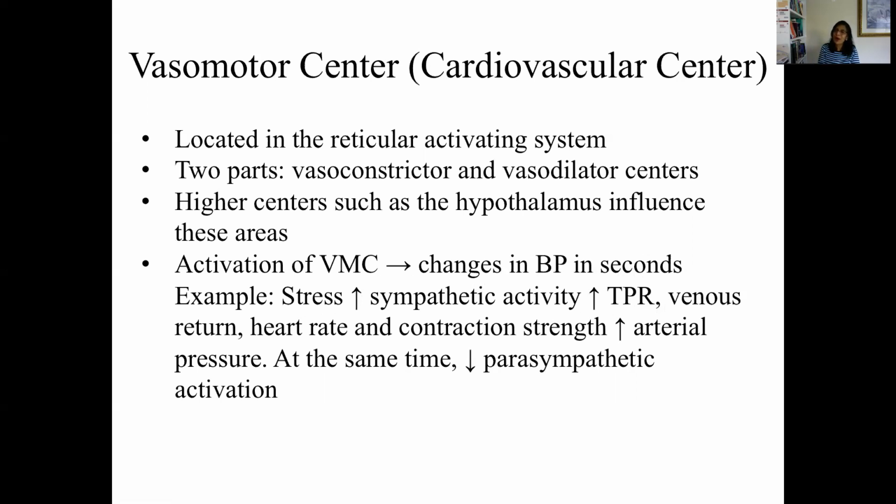While all of this is happening, you would also see that there is decreased parasympathetic activation simultaneously, so that the heart rate is not reduced but increased, and so on.